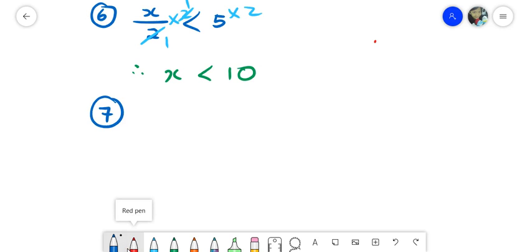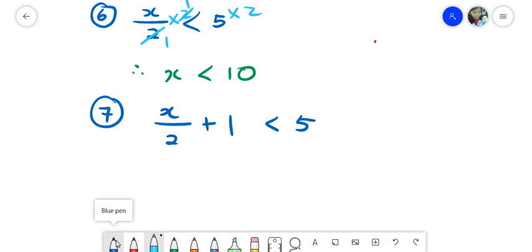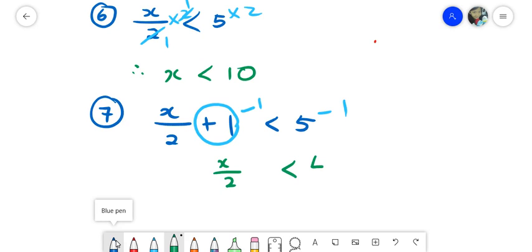Let's go something more challenging. Let's say you have x divided by 2 plus 1. Same thing, this is plus 1, so first of all, get rid of the plus 1. If you have plus, then your sibling will be minus. Very straightforward, right? So x over 2 less than 4.